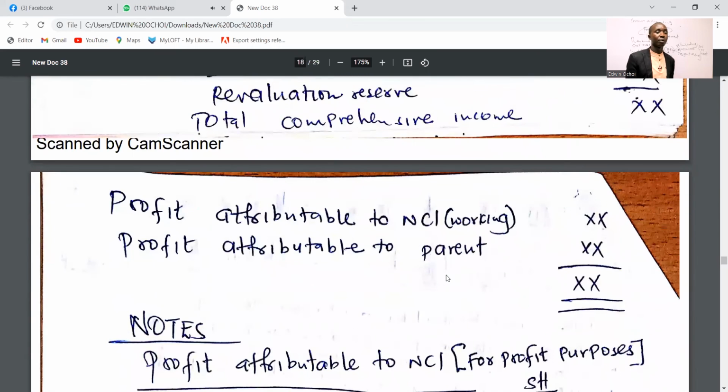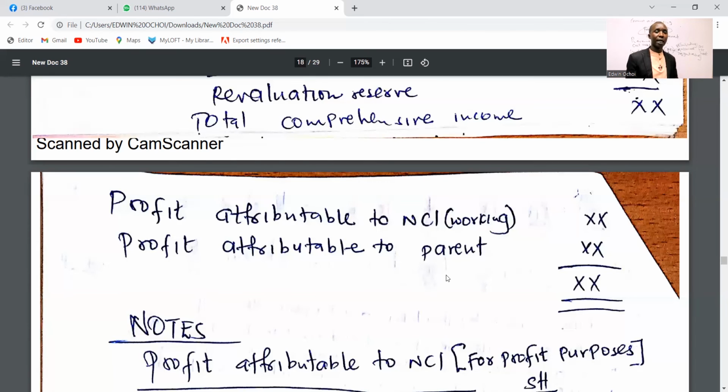Then you have to share something to the minority shareholders, the NCI, based on the profit after tax of the subsidiary, because the NCI is under the subsidiary. So that profit after tax of the subsidiary, there is something which is supposed to go to the minority shareholders. But you cannot share direct by taking the percentage of the NCI times the profit after tax.